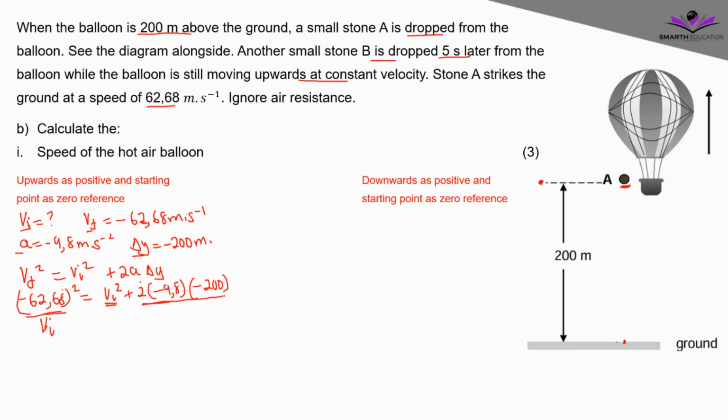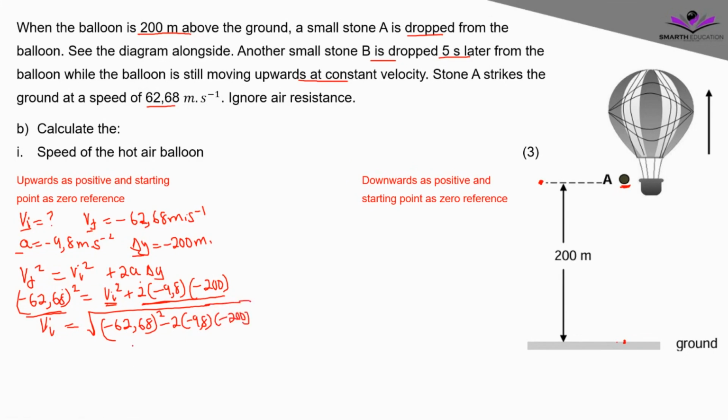Then we square root both sides because we want the initial velocity. So it becomes the square root of negative 62.68 squared minus 2 times negative 9.8 times negative 200.